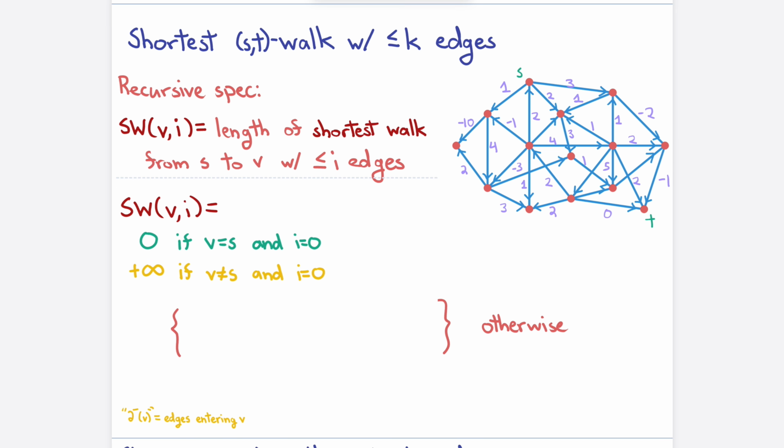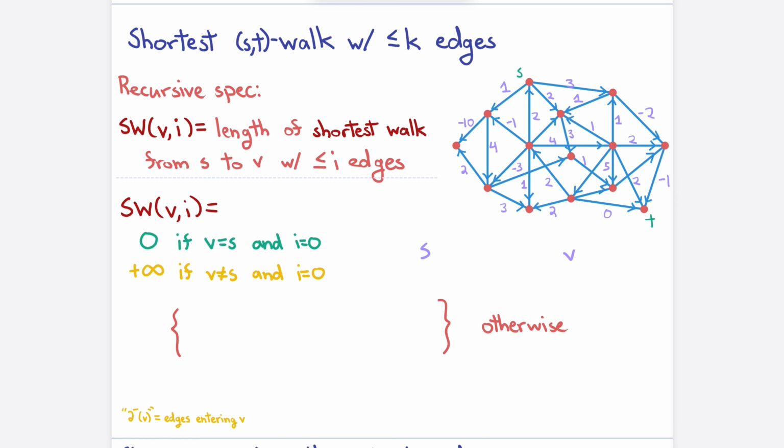We can either go to v with i minus 1 edges, or we can take the vertices pointing to v with i minus 1 edges, and then add the edge. Okay, so you're trying to go from s to v.